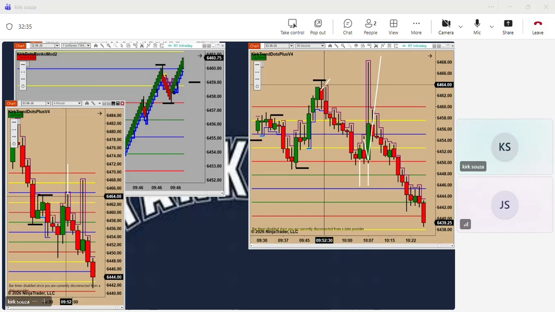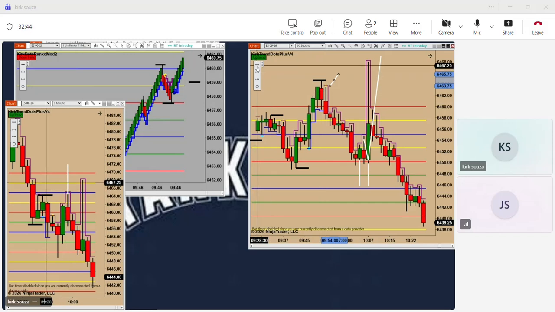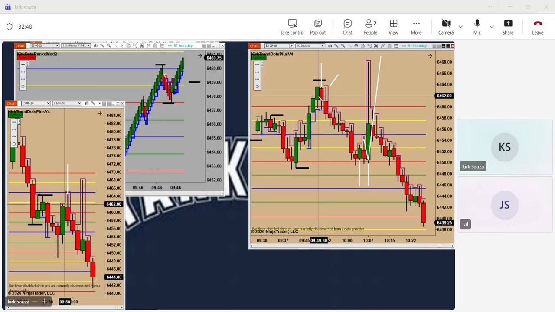Look at that engulfing pullback right here. The engulf pullback entry, boom. It engulfed.